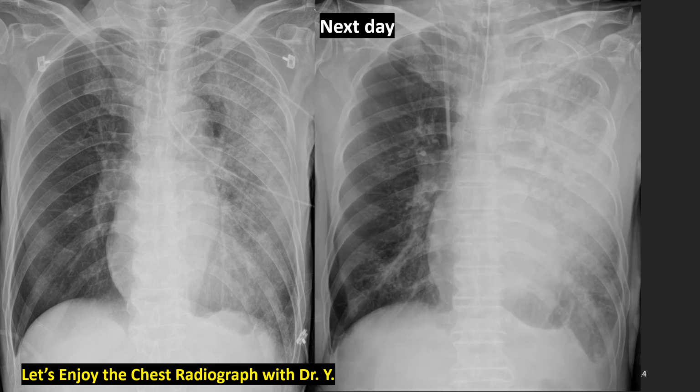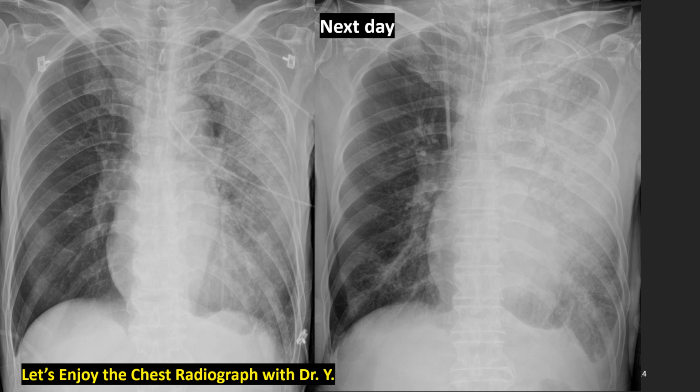The next day, the patient went from bad to worse. What do we see? Yes, the aortic arch is obliterated. That means the superior segment is involved, and the aorta line is obliterated. That means the posterior portion of the lung, so the left lower lobe is also involved by pneumonia.